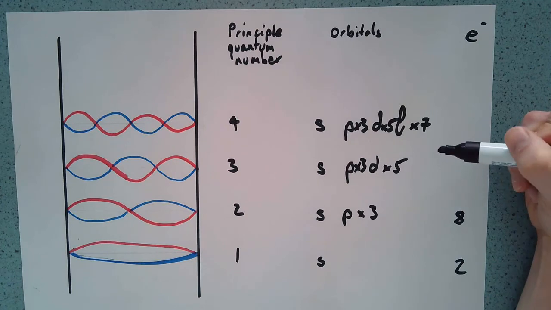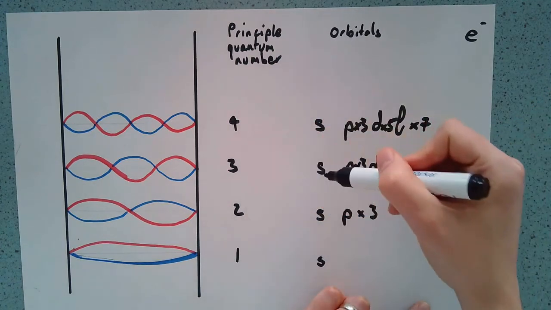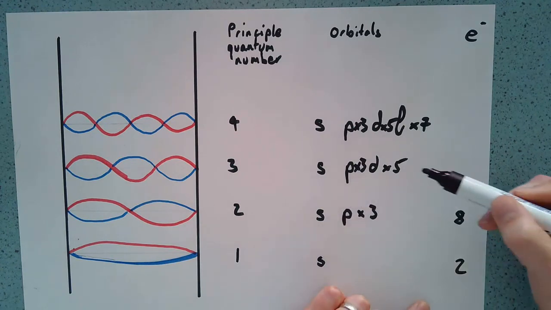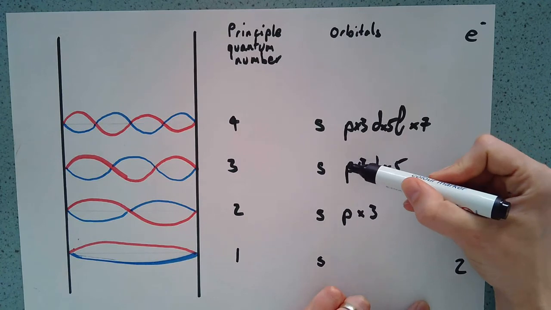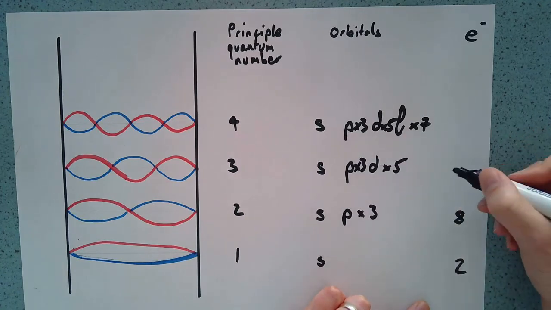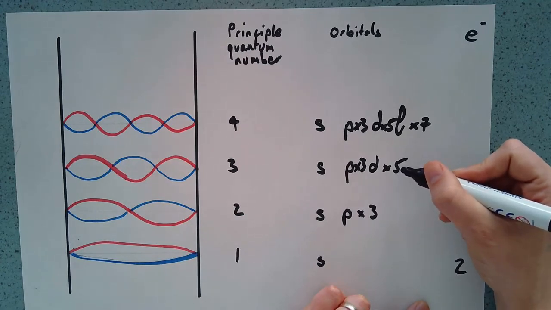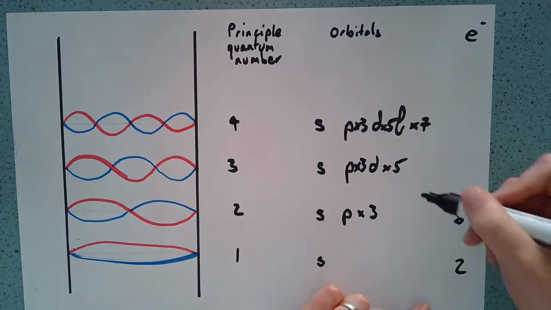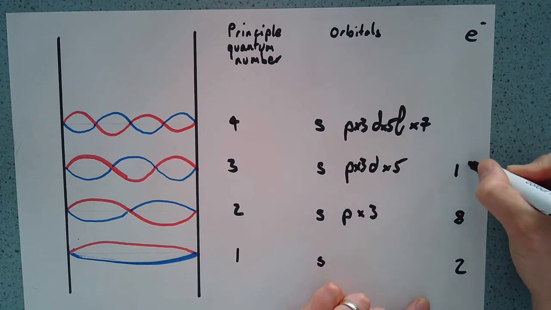Now this is where we see a difference. We find that in energy level 3, or electron shell 3, we have 1 s orbital, 5 d orbitals, and 3 p orbitals. So that means that there are 9 orbitals in total, and 9 orbitals multiplied by 2 for 2 electrons in each is 18 electrons.